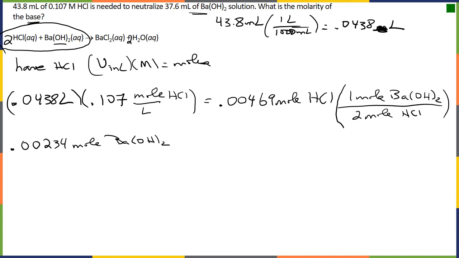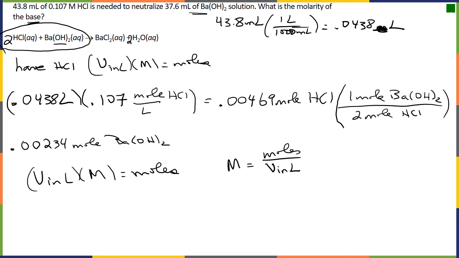And we know that the volume in liters multiplied by the molarity is moles, so the molarity is going to equal moles divided by the volume in liters. If I have 37.6 milliliters, I'm going to divide by 1,000, and I'm going to get 0.0376 liters.